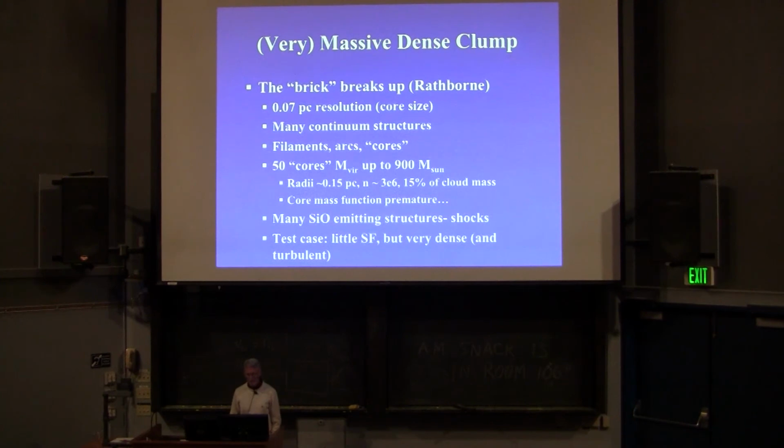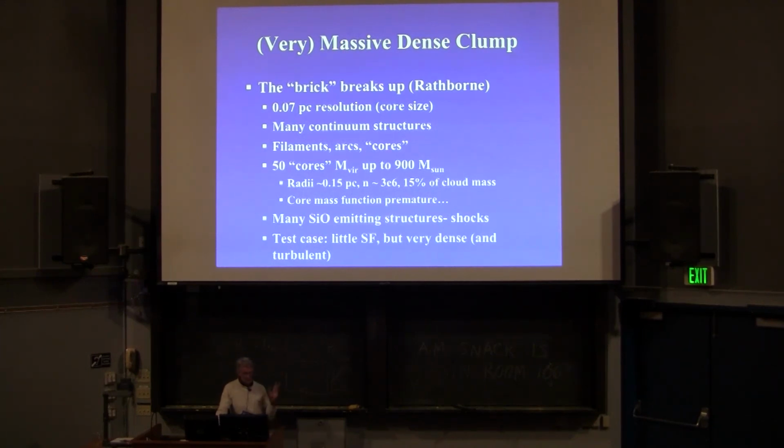So let me talk about the ALMA data a little bit here. The resolution is now getting down to the size of cores, more or less. They see a lot of continuum structures. I'm not going to show you that because we didn't see it. But there are filaments, arcs, and things that they might call cores, and they've identified 50 cores with masses up to 900 solar masses.